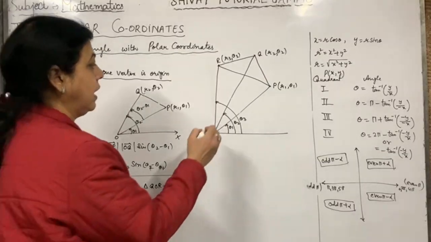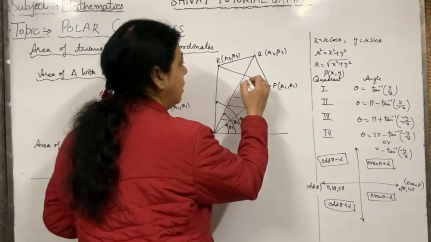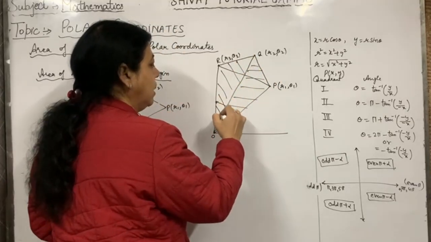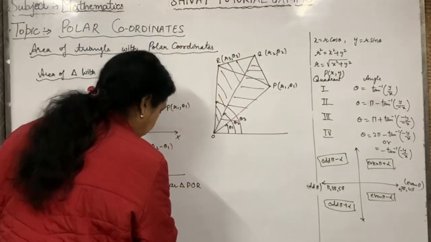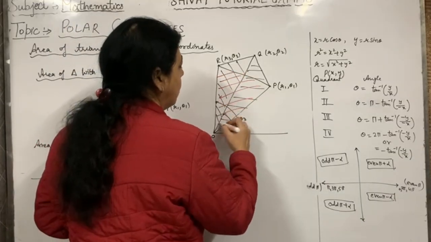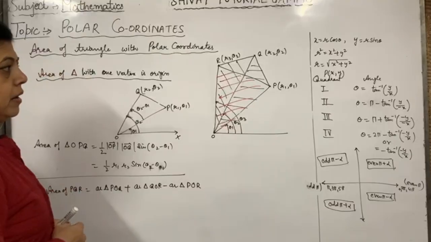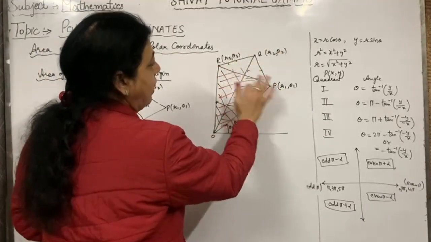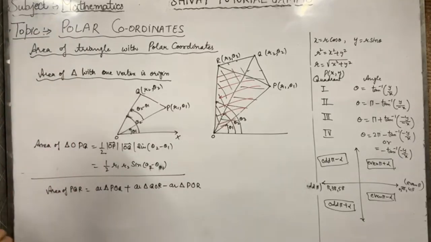Firstly, we will find the area of triangle POQ. Then we will find the area of triangle QOR, and we deduct the area of triangle OPR. We will get the area of the required triangle.